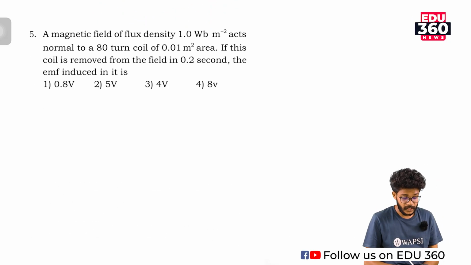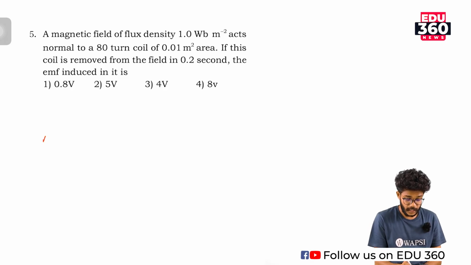A magnetic field of flux density is given normal to an 18 turn coil. Okay, N is given, of area 0.01 meter square. Okay, if this coil is removed from the field in 0.2 seconds, so dt is given, 0.2 seconds.